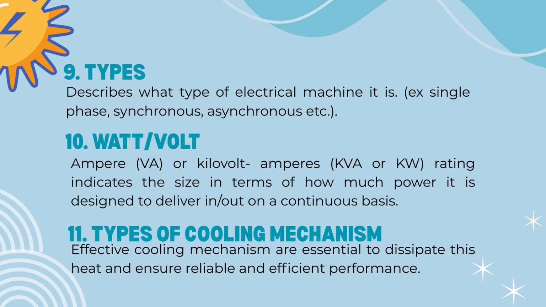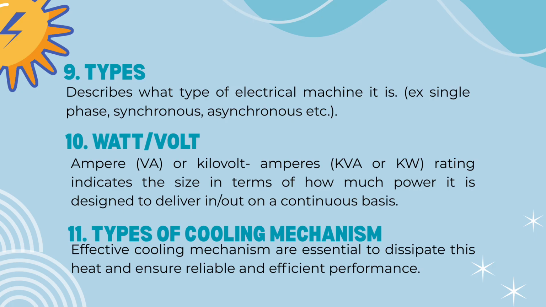So the watt or volt ampere, VA or kVA, rating of a machine shows its capacity to handle electrical power continuously. It indicates the maximum real power or apparent power the machine can safely supply to a load.